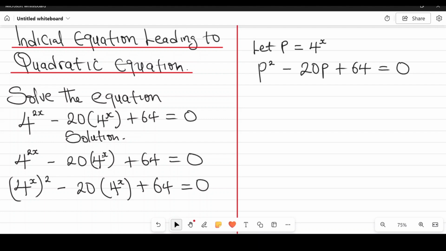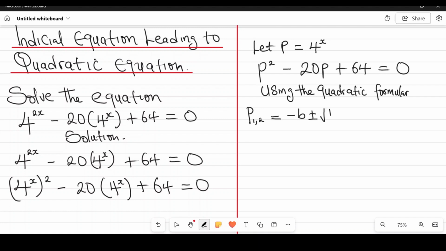So let's continue. At this point, you can use any method of your choice to solve the equation, but for this video, we're making use of the quadratic formula. So using the quadratic formula, we have that p subscript 1, 2, because we have two values of p, will be equal to negative b plus or minus the root of b squared minus 4ac all divided by 2a.